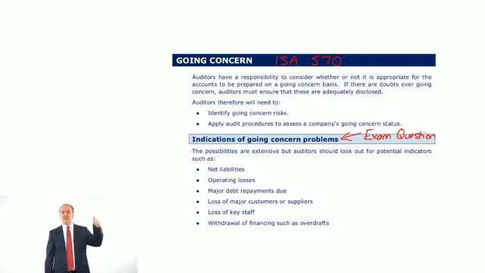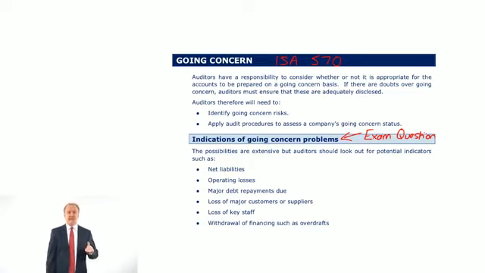You know, things like they're making lots of losses, they're running out of cash, they desperately need a bank loan, their customers are leaving, their suppliers aren't happy and want to be paid in advance, their best staff are leaving, they haven't paid the taxman in the last 5 years, etc, etc, etc. So if you're asked for clues that a company is not a going concern, it will be with a story, and the story will be loaded with them.